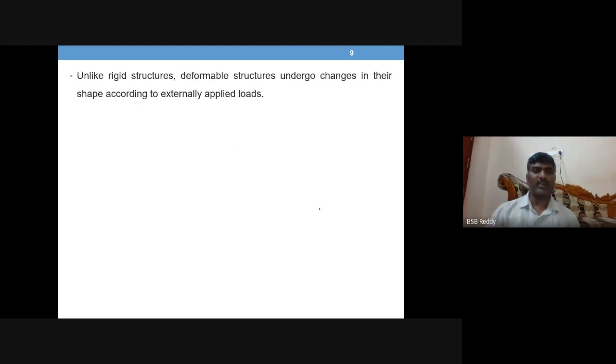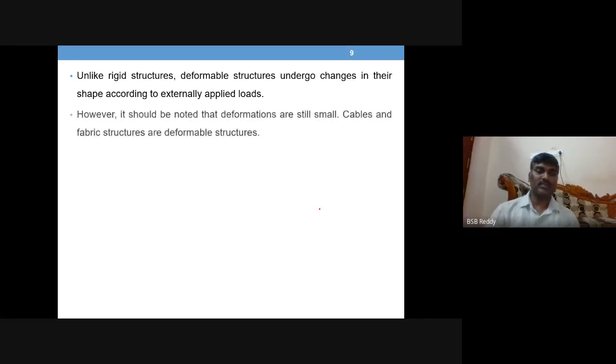Unlike rigid structures, deformable structures undergo changes in their shape according to externally applied loads. You will appreciate that when I show you the diagram. It should be noted that deformations are still small. Cables and fabric structures are deformable structures.